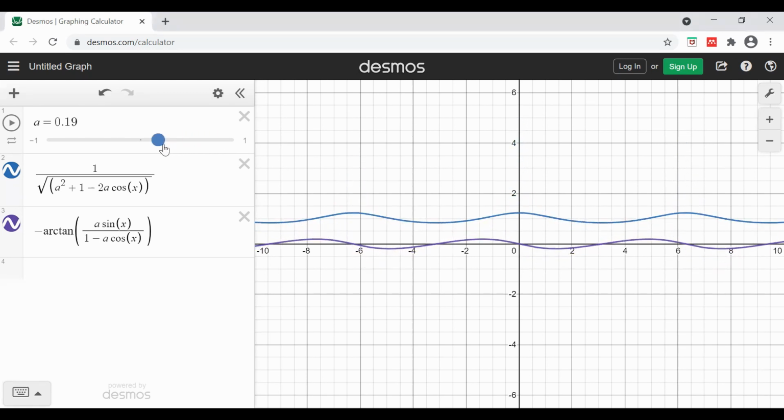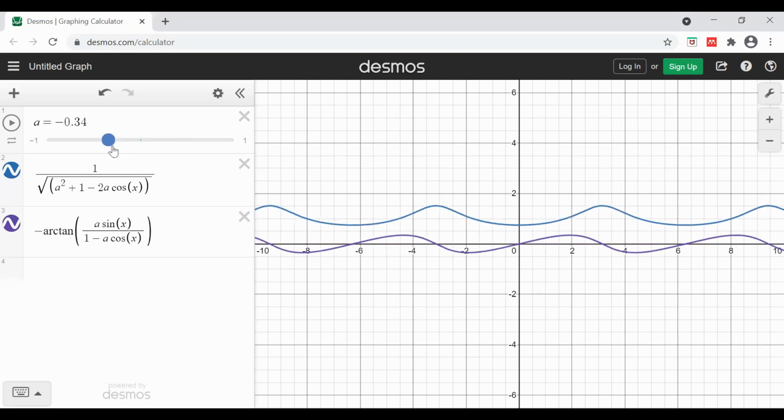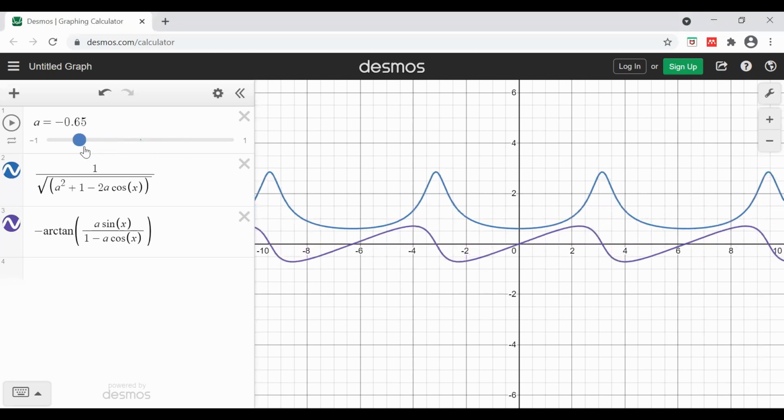If we change the a value to negative, this has a different effect, which we can see here: this signal has a stronger high frequency component compared with the low frequency component.